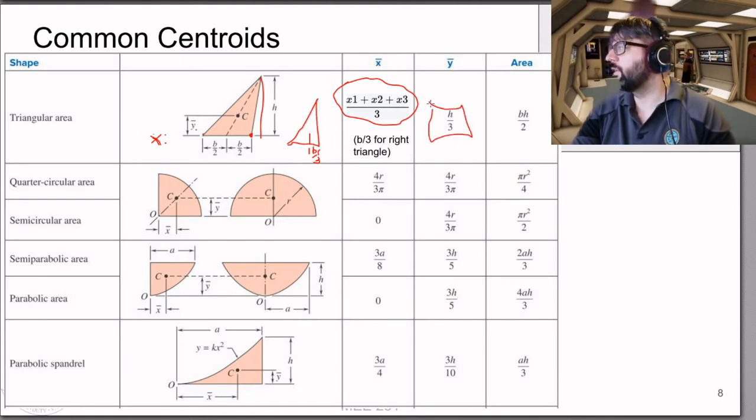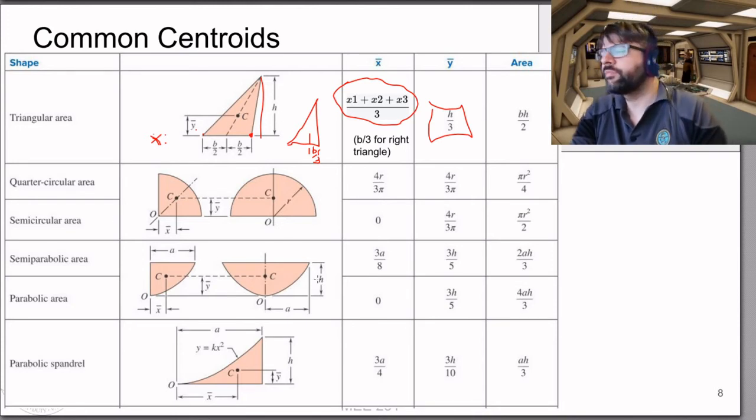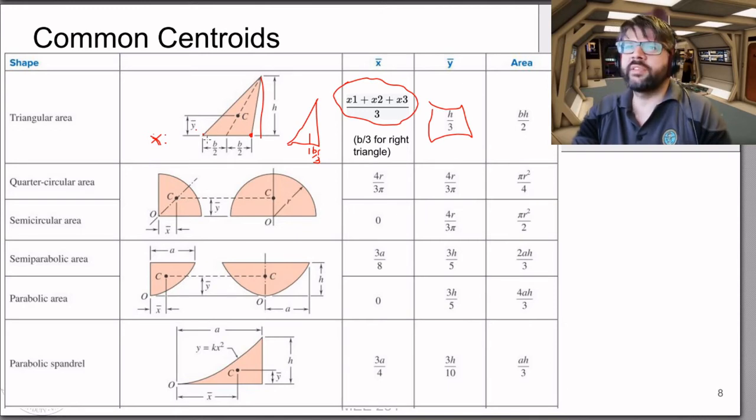Same deal with the height. The y bar location works out to the same thing as long as the bottom base here is flat. And then here's some others.